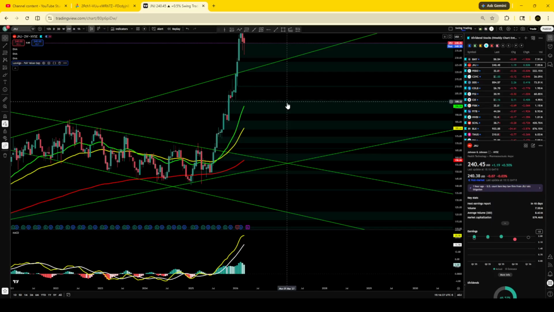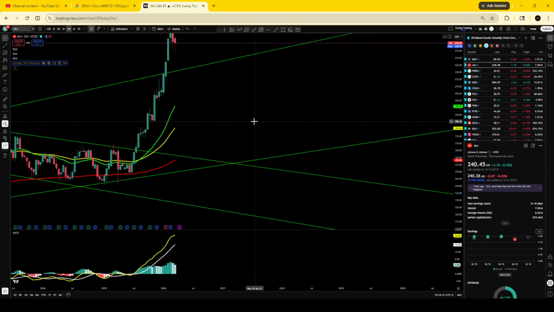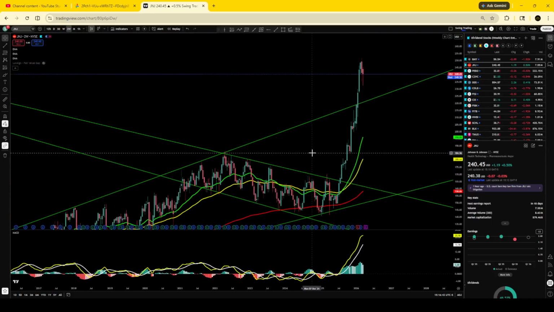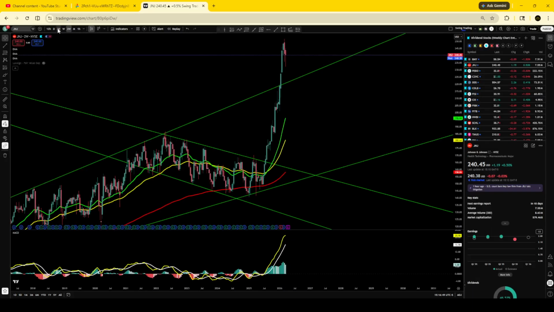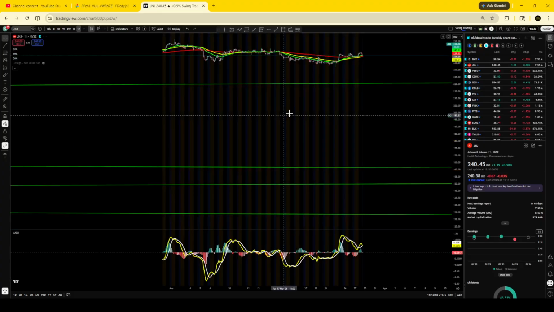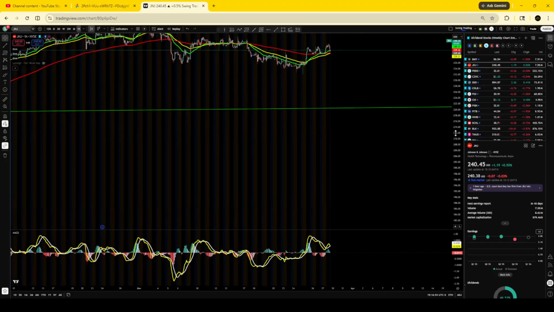This is a fair value gap, and fair value gaps can be used as support and resistance. All right, so let's just turn that off. And a good way to find support, let's move down to a smaller time frame. Let's see an hour.